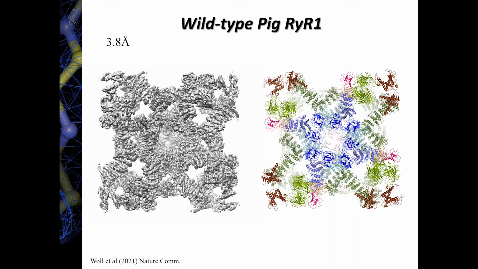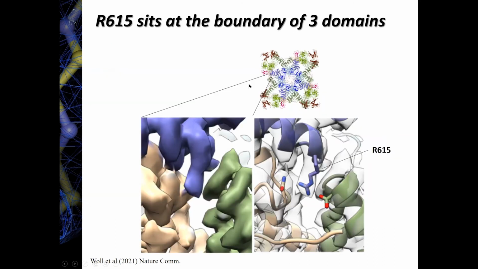And it's actually indicated here in a black stick, which you can't see, so I'm highlighting it here. There's a little black residue here that sits at the interface between this blue solenoid region and this green solenoid region. And it's actually just that very subtle mutation that can actually wreak a lot of havoc. So let's zoom in on that. Okay, so showing here again is the cryo-EM map of the wild type big RyR1.